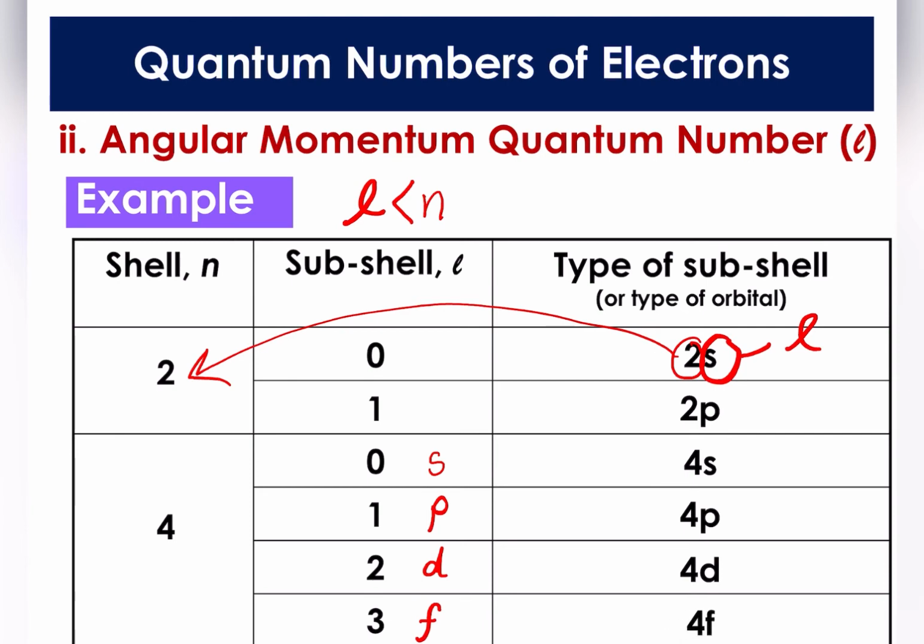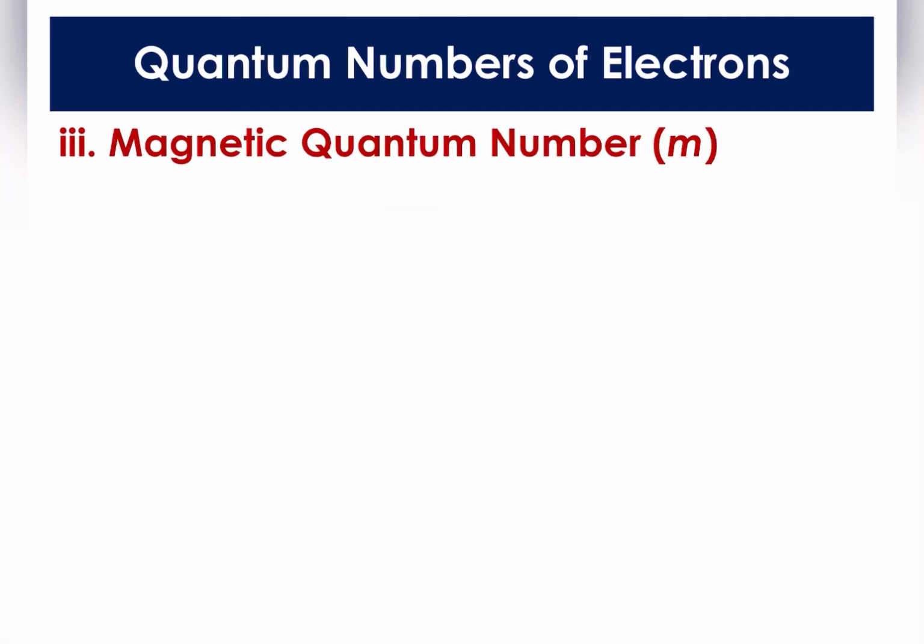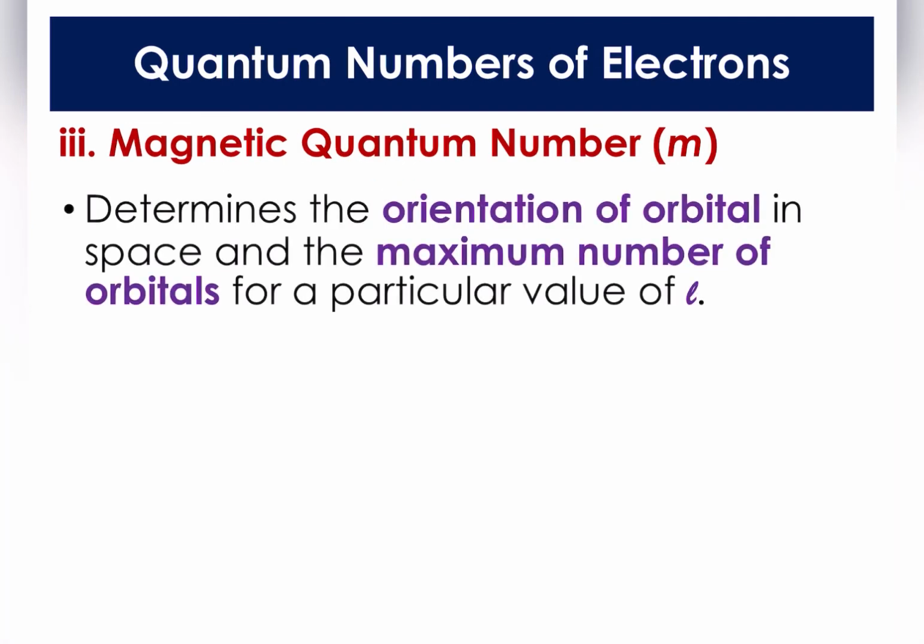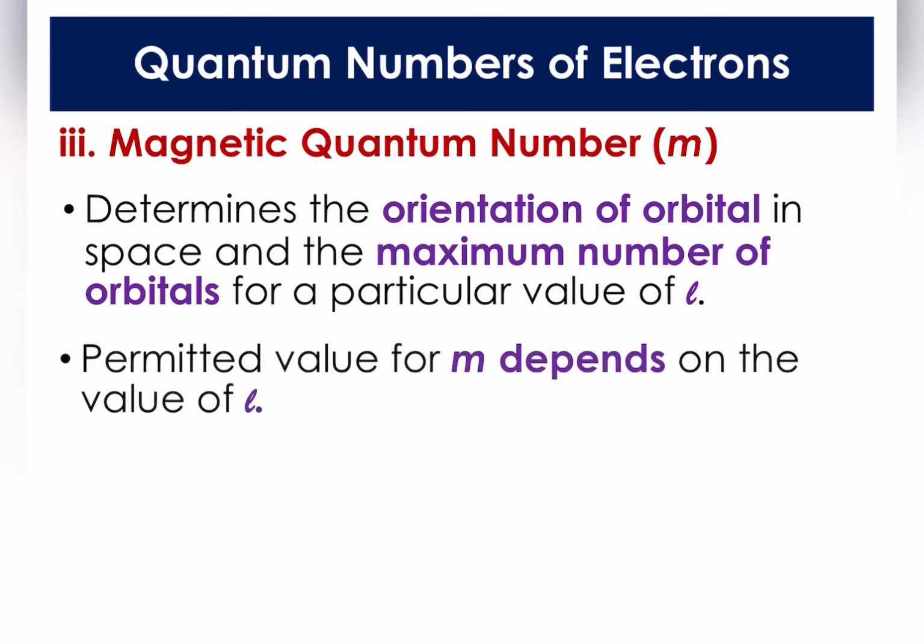Sebab kita akan relate 4 quantum numbers ni. Tapi saya ajar satu persatu supaya awak clear. Next one, we are going to learn about magnetic quantum number, which determine the orientation of orbital in space and maximum number of orbitals for a particular value of L. So, untuk case M, dia akan relate kepada quantum number sebelum dia iaitu L. So how to do that?